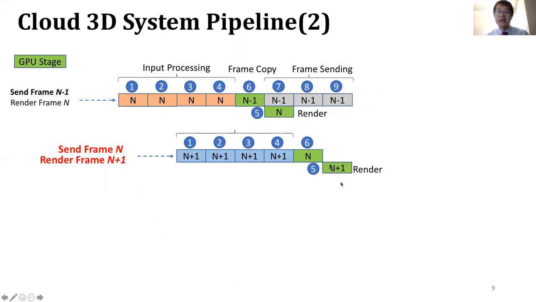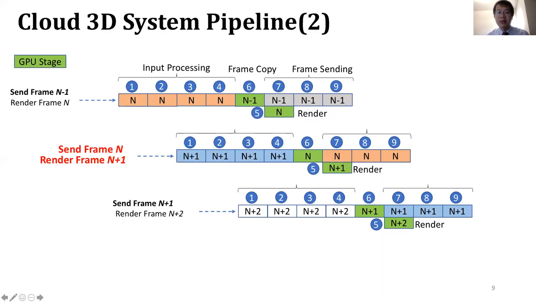In this way, we can send frame N and generate frame N plus 1 in the same pipeline. Similarly, we can send frame N plus 1 and generate frame N plus 2. Our performance measurement framework can also handle this pipeline.